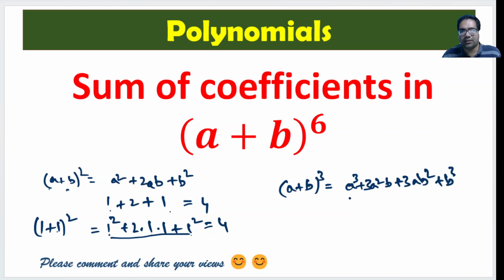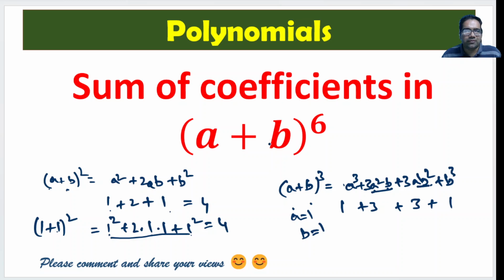Even if you don't know this formula, the sum of these coefficients would be found when a equals 1 and b equals 1. When both are ones, we're left with just the coefficients, because a cube is 1, 3a square b leaves 3, 3ab square leaves 3, and b cube leaves 1. So (a plus b) whole cube with a equals 1 and b equals 1 equals the sum of coefficients of the expansion.